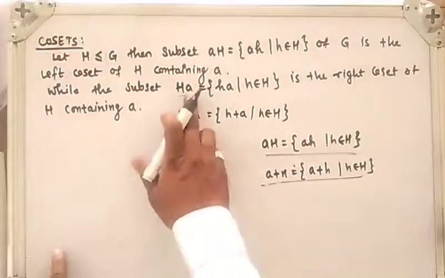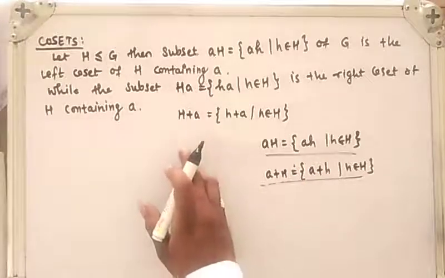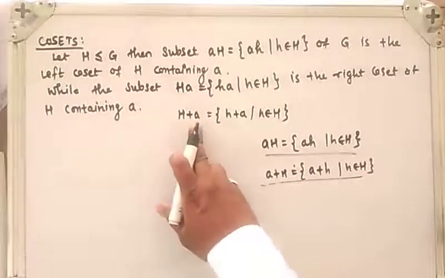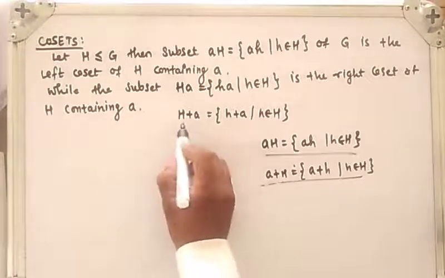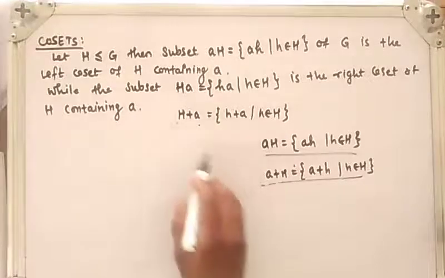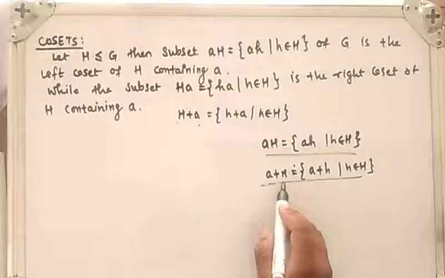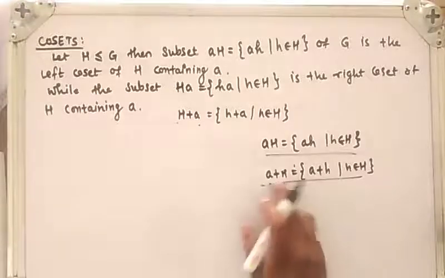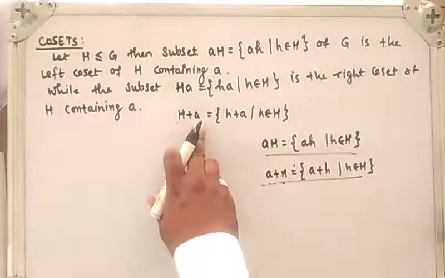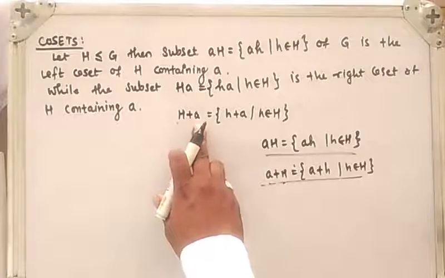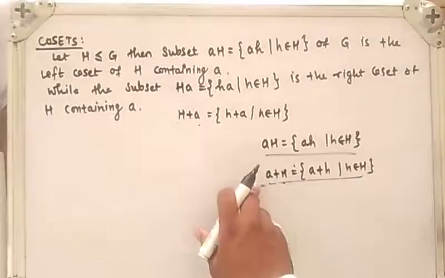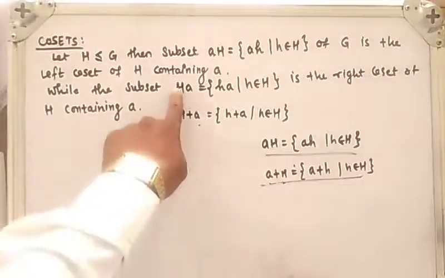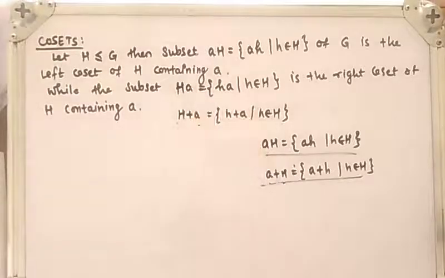So this is the general definition. If the given group is additive, then we will write it as h plus a or a plus h. So a plus H is the left coset of H containing a, and H plus a is the right coset of H containing a. So this is the additive notation, and this is the multiplicative notation, right?